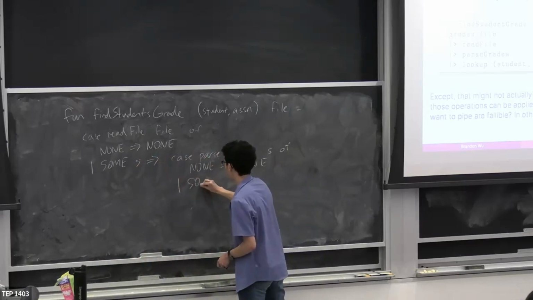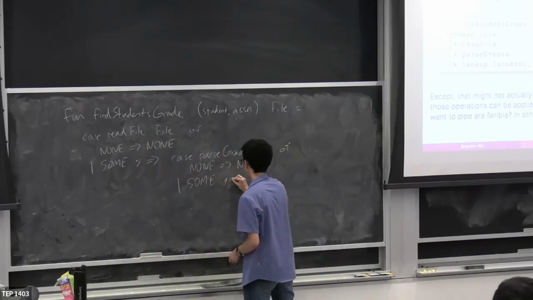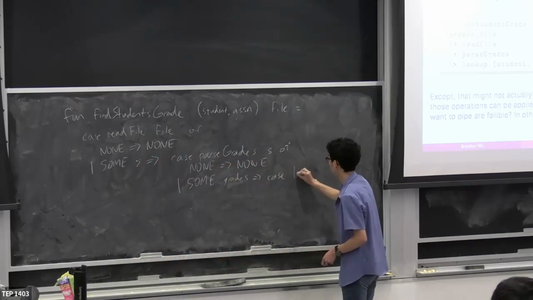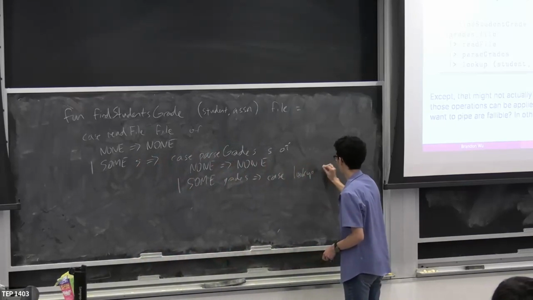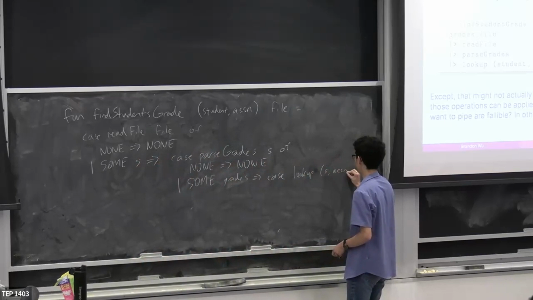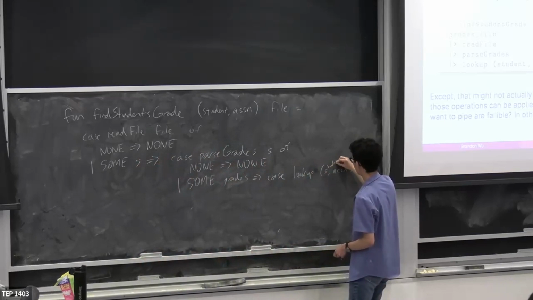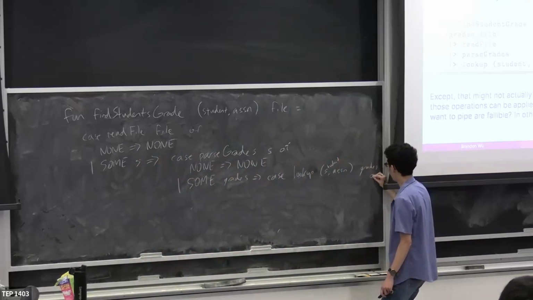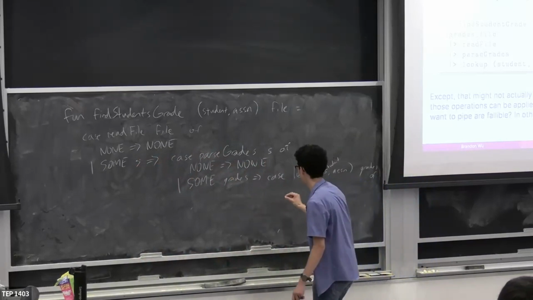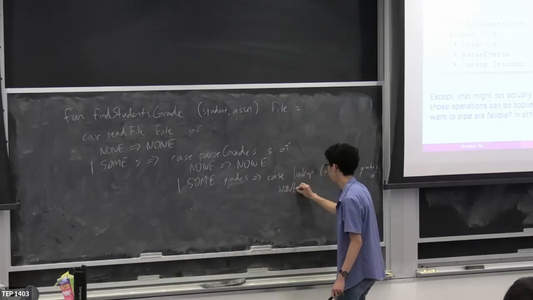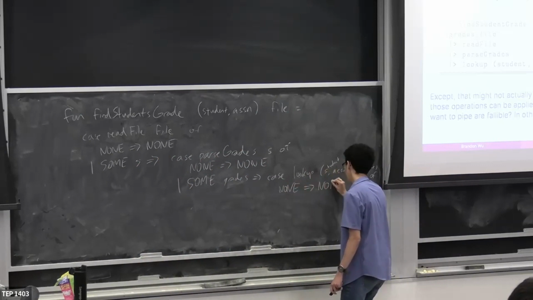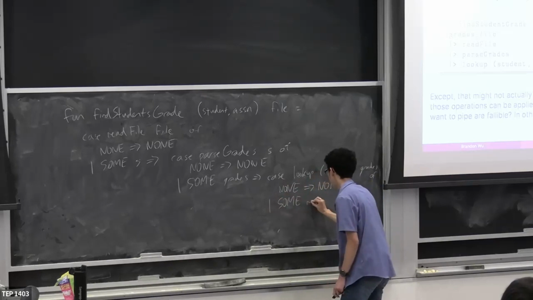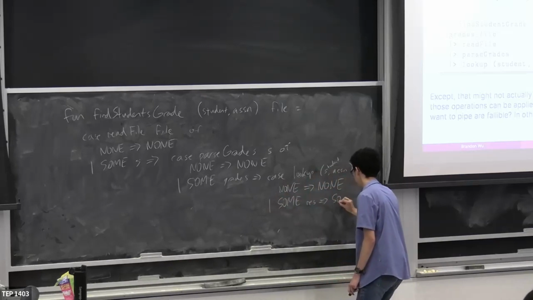If I get some of grades, now I have to do case lookup s assign or students grades of, and I should have put it more to the left, but it's fine. None goes to none. Oh my God, okay, we're almost at the end. Some res goes to some res.